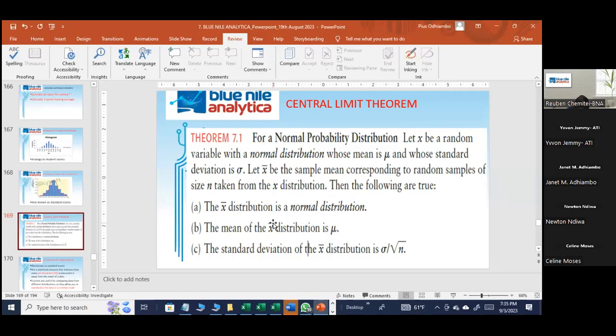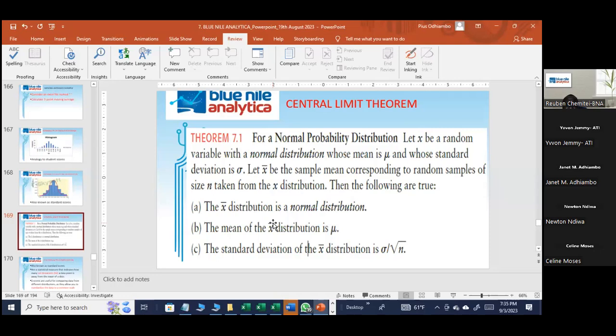That when you collect scores of students, for example, and they are normal, those raw values are normal, then it means even when you get their means, then it's going to be normal again. And that's what the central limit theorem is talking about.